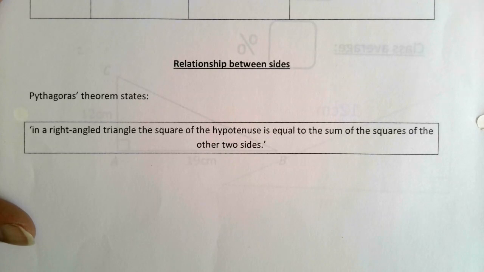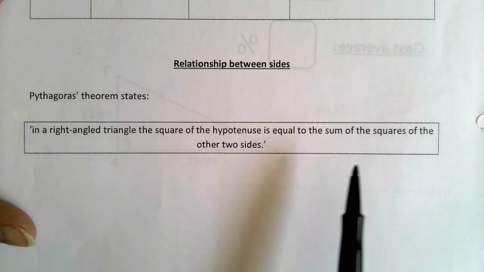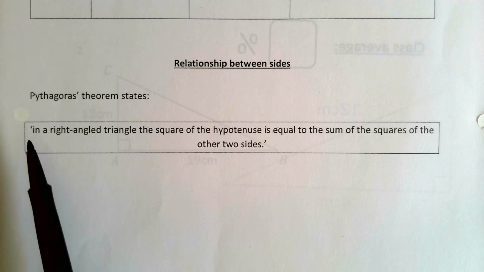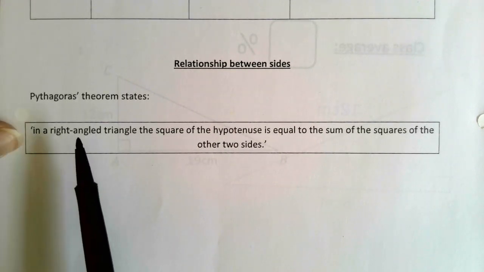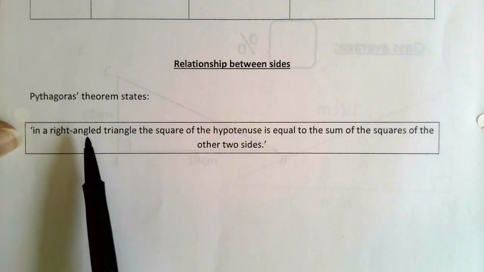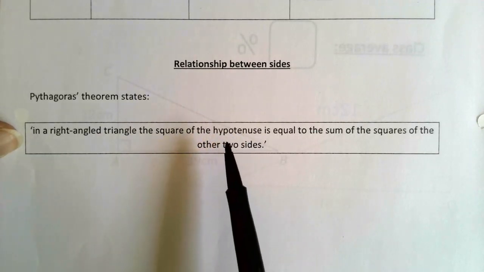So what you have just discovered, down at the bottom here on page 76, is Pythagoras' theorem. So this is what Pythagoras' theorem written out looks like. So it states, in a right angle triangle, so that's very important, this only applies to right angle triangles, the square of the hypotenuse, ooh, fancy word, isn't it?